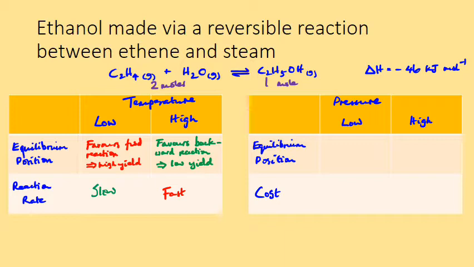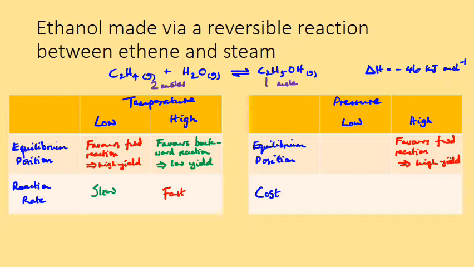Let's write that in. So high pressure favours, in this case, the forward reaction, leading to high yield. Which is what we want. And the corollary of that, of course, is low pressure.